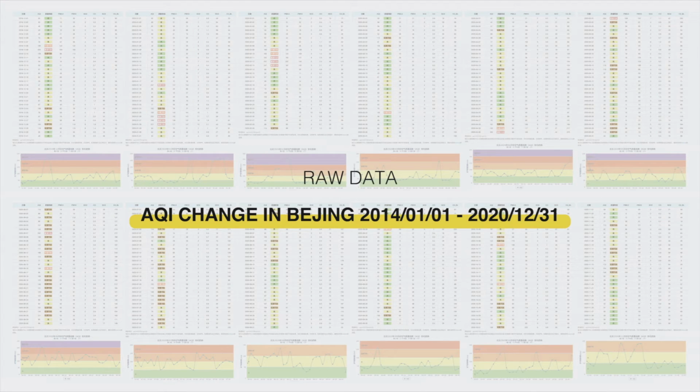In my recent simulation, I continued to use Beijing's AQI change from January 1st, 2014 to the last day of 2020. To get the accurate history report, I collected the data from a professional website.